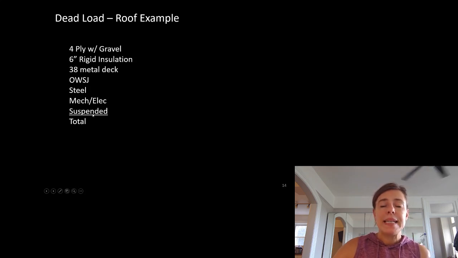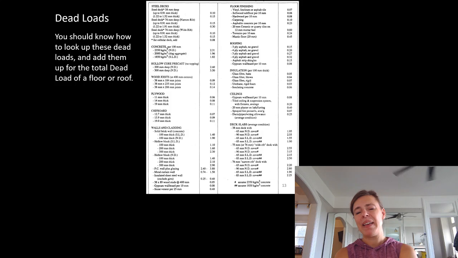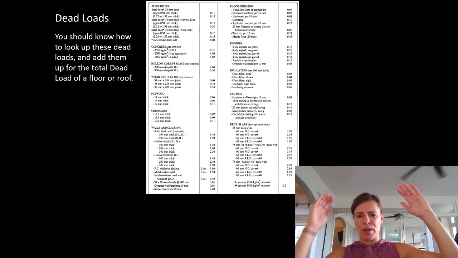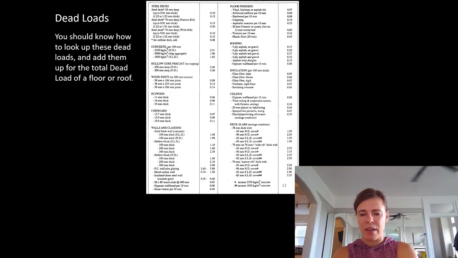The last one is suspended. So suspended is that kind of ugly tile ceiling that you see hung down on T-bars with those big acoustic panels. Usually 60% of the time I'm teaching this course, we're in a classroom with those ceilings. But you can see here, under ceilings, tiled ceiling and suspension system with fixtures, average 0.2 kPa.